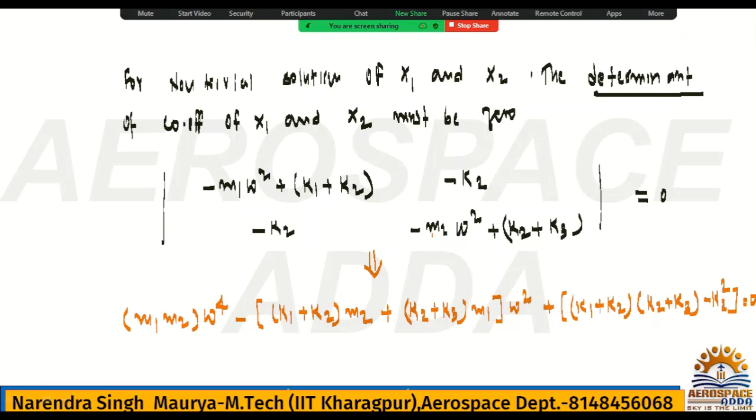For such determinants, like a1 b1 a2 b2, you know how to solve. I'm not going into those steps, because you can easily do it on your own. Then finally you will get the value of omega. Check, omega power is 4. So how many values of omega will you get?